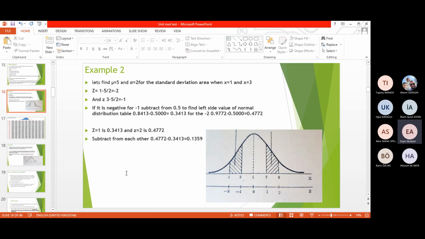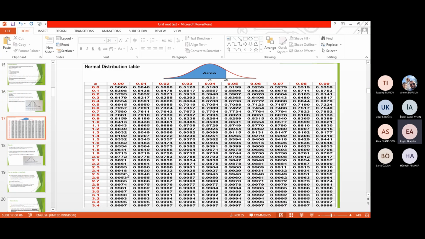And for the other, you will get the number from the graphic, 0.9772. You got it in the second vertical line. For the 2, the Z number is 9772.